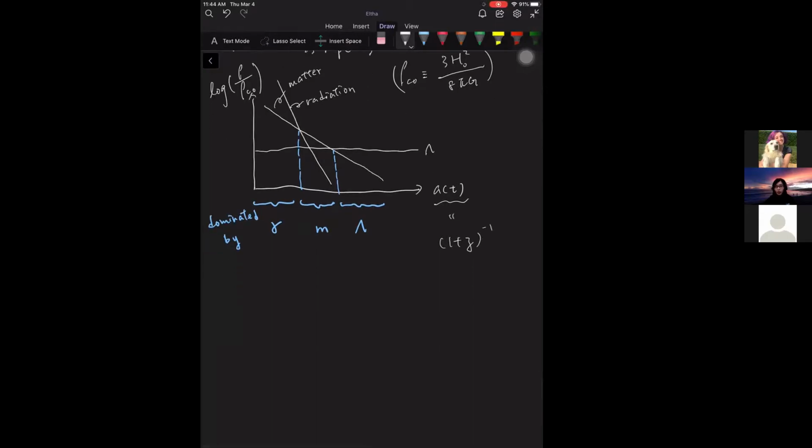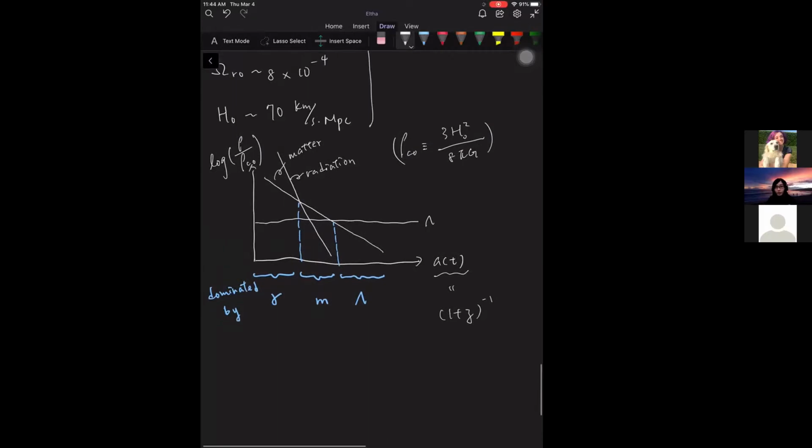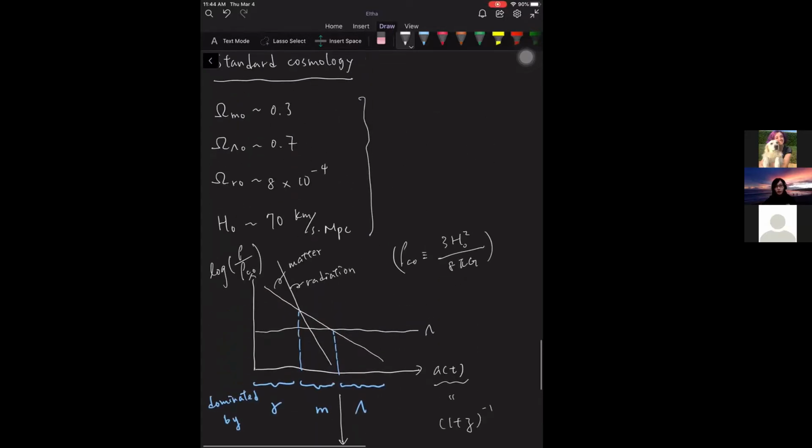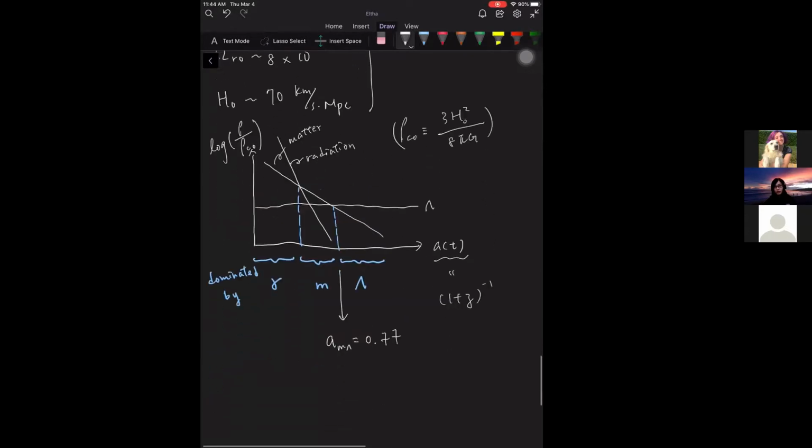So you can try this after this session, to determine the time at which those components have the same densities, and you will get a equal to about 0.77 if you use these constants.